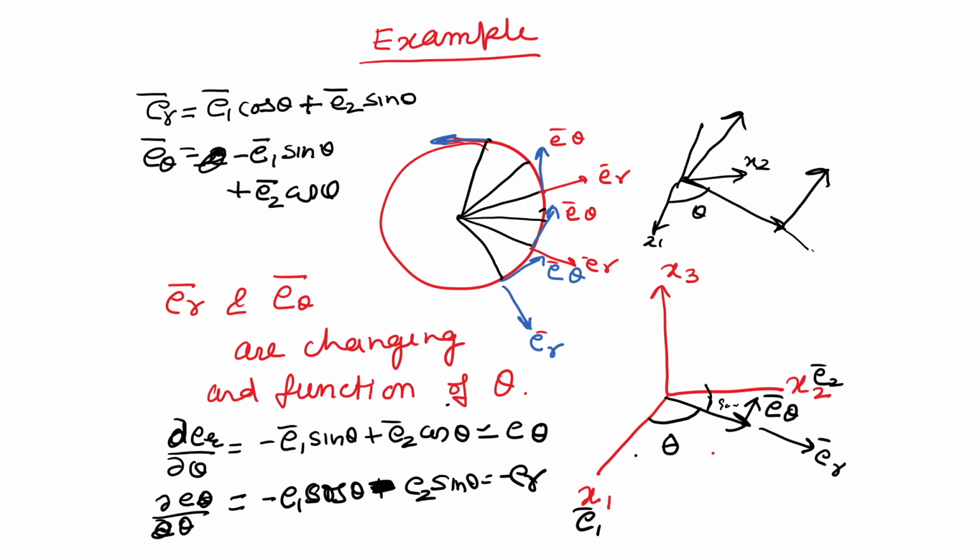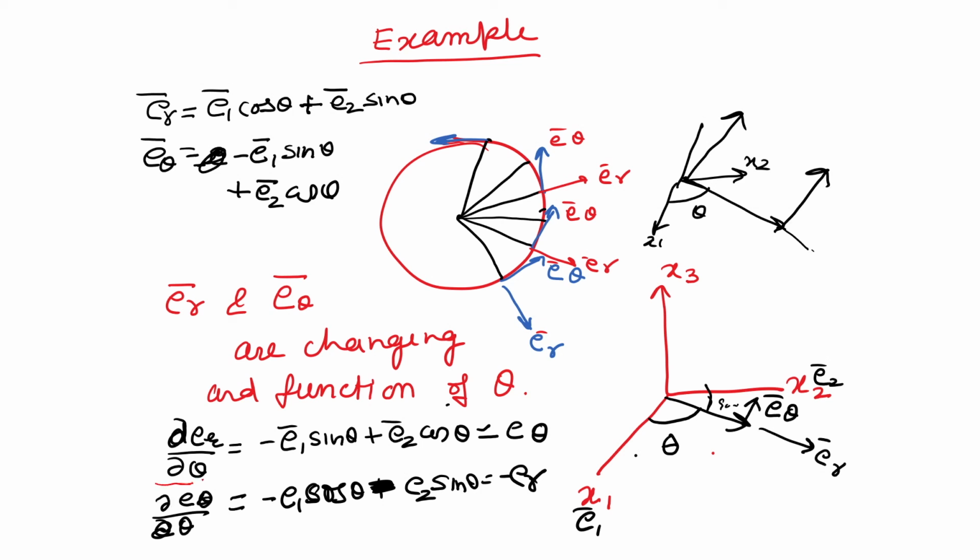So, I have tried to explain that for the case of a circle, that e theta and er, unit vector along radial direction, unit vector along theta direction. So, they are a function of theta and they change.